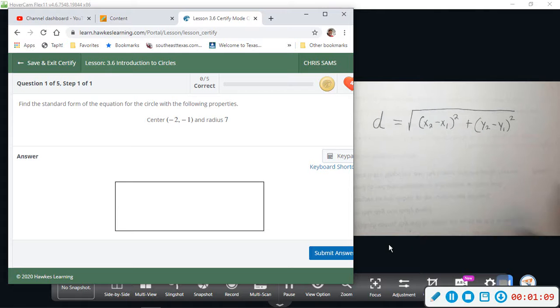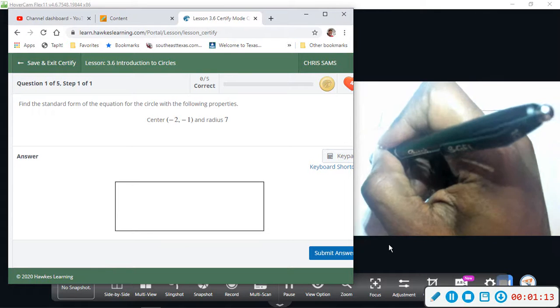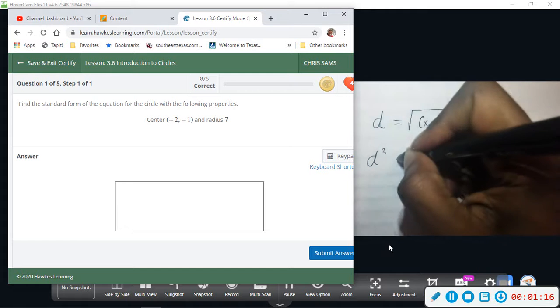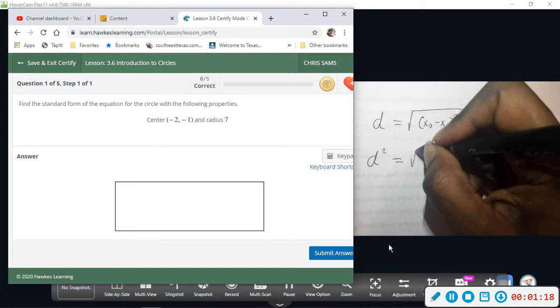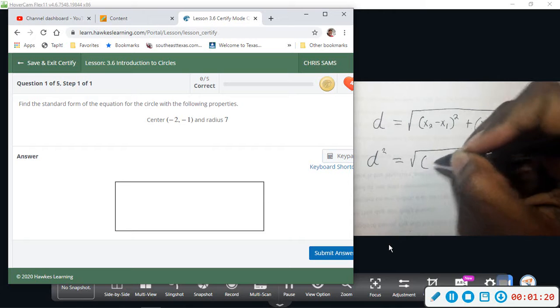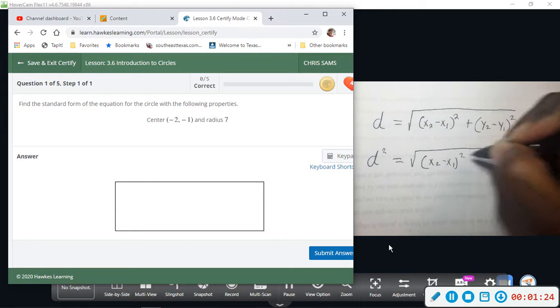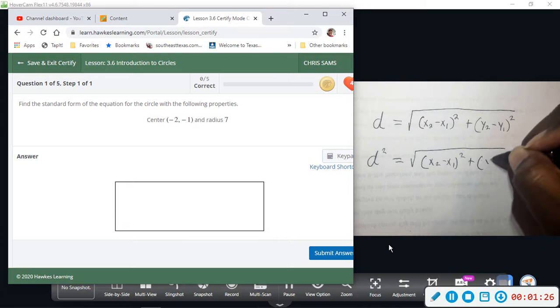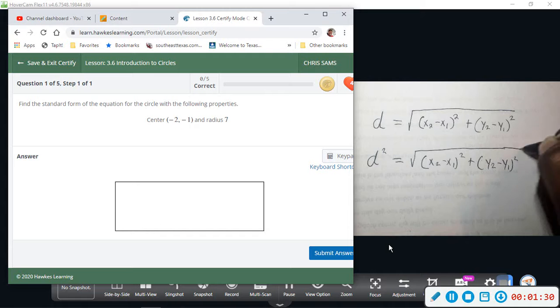Now, if we square both sides, so if I do d squared, that's going to equal this whole thing squared.